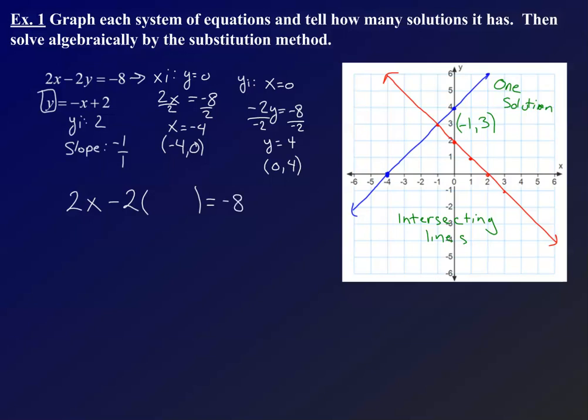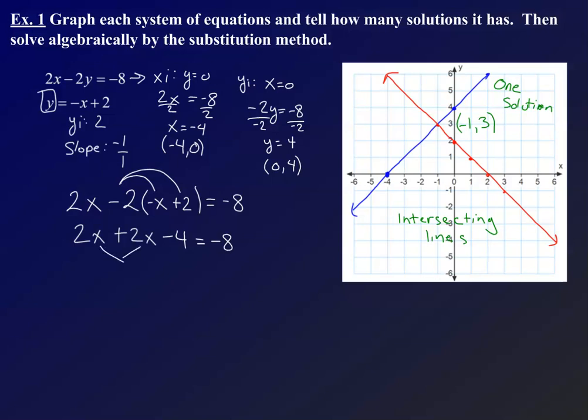And in the parentheses, we write in what y was equal to. So negative x plus 2. Then we want to go ahead and distribute, so I'm going to bring down the 2x. Negative 2 times negative x is positive 2x. Negative 2 times positive 2 is negative 4. And then it equals negative 8.